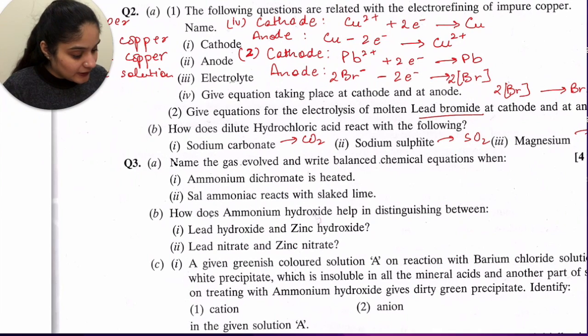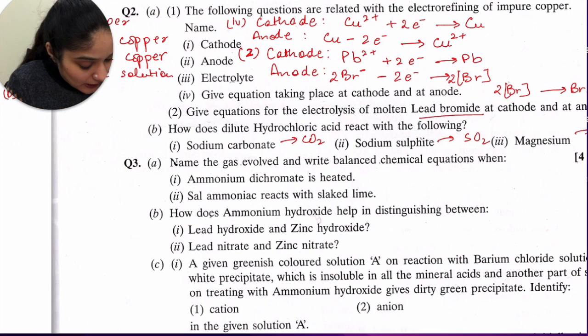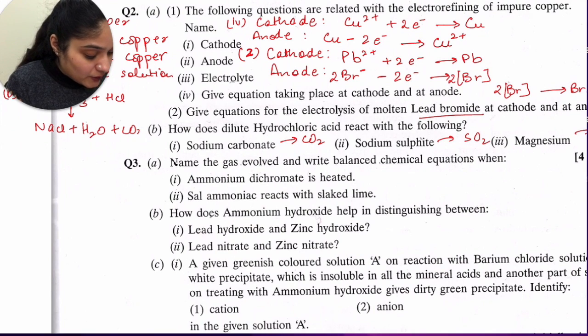So for B, the first part, you have sodium carbonate, which is Na2CO3. Na2CO3 plus HCl will give me NaCl plus water plus carbon dioxide. Now the second part is sodium sulfite, which is Na2SO3.